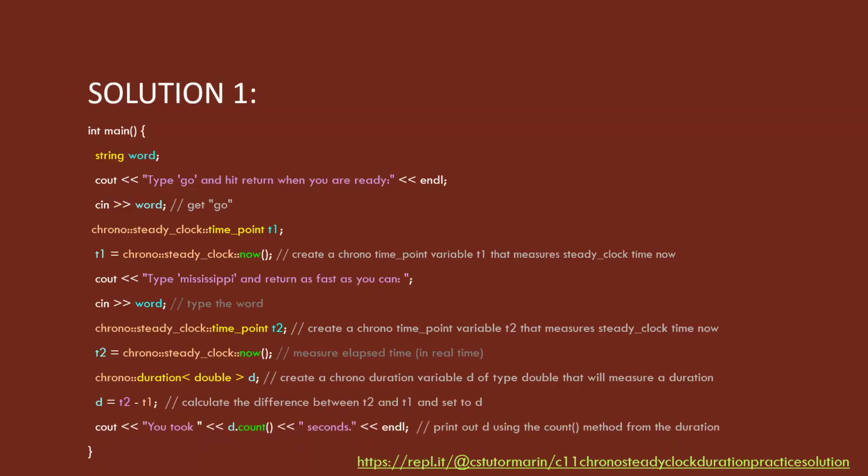And you should be able to print out how long it takes you to type that word. You can type anything you want. You don't have to type Mississippi, but it gives you an opportunity to see how long it takes to actually do that. Let me leave that up there for a moment so you have that code as a reference. I'm going to let you tackle that one on your own.